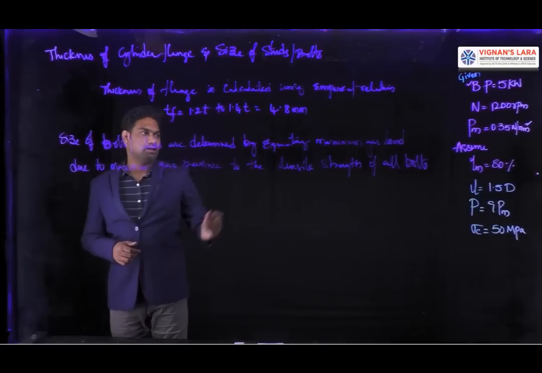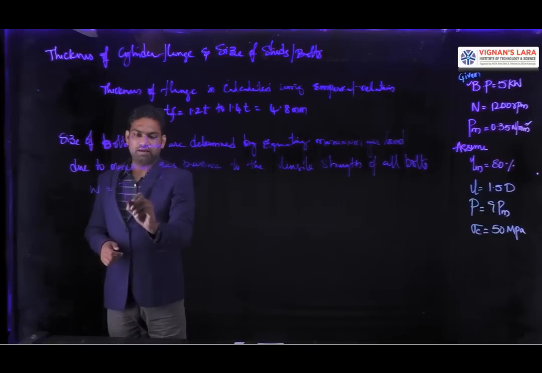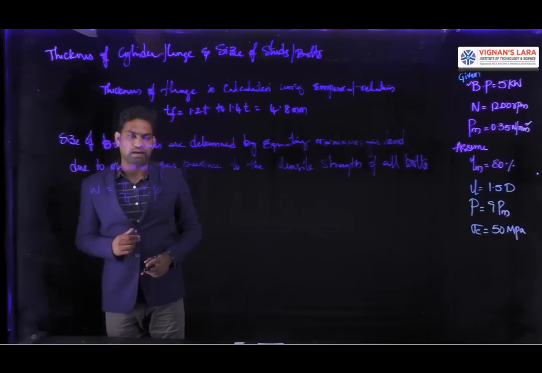Clear? So here the maximum gas load W is given by the cross sectional area of cylinder pi by 4 D square into maximum gas pressure, that is the maximum gas load W.